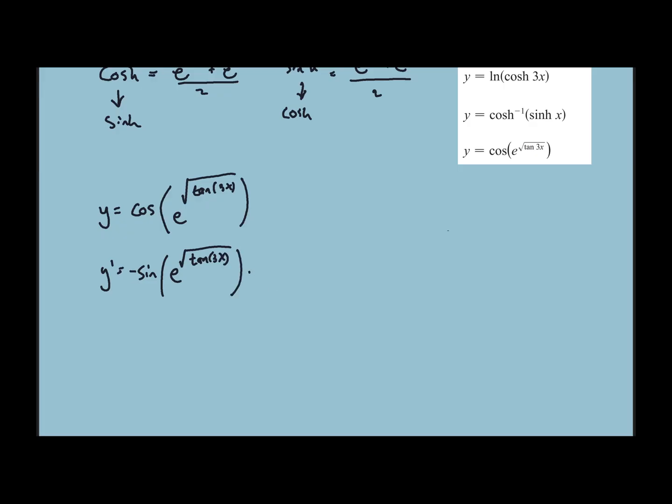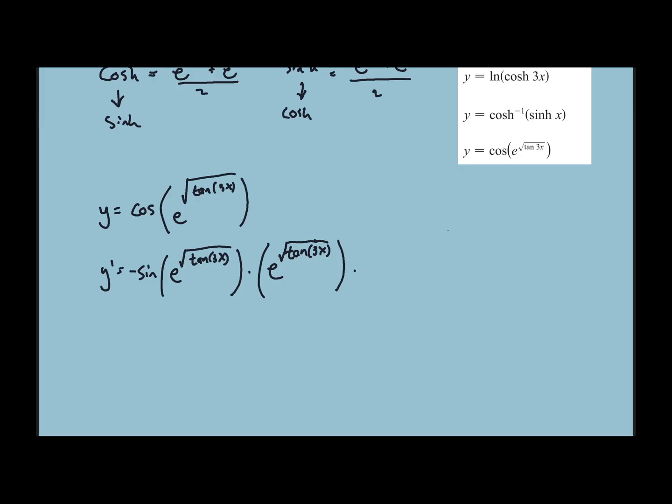And now we need to take the derivative of the inside, which is this e to the whatever. And the derivative of e to the whatever is e to the whatever. So we should get e to the square root of tangent of 3x again. And then the derivative of the inside again, that's the exponent. How would I do that? Well, what's the derivative of square root functions?